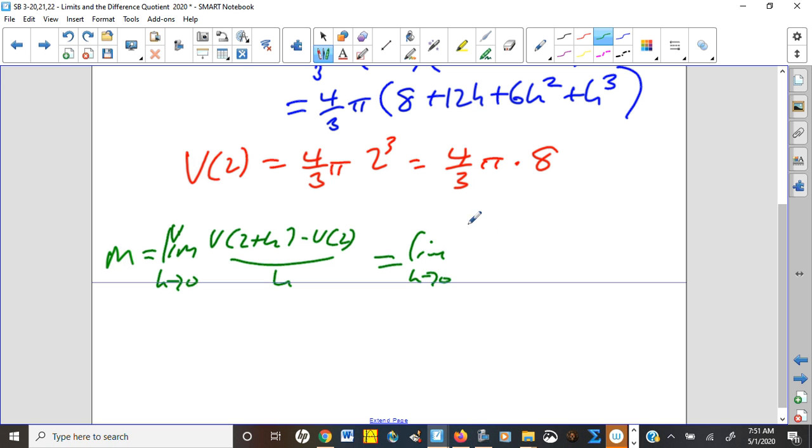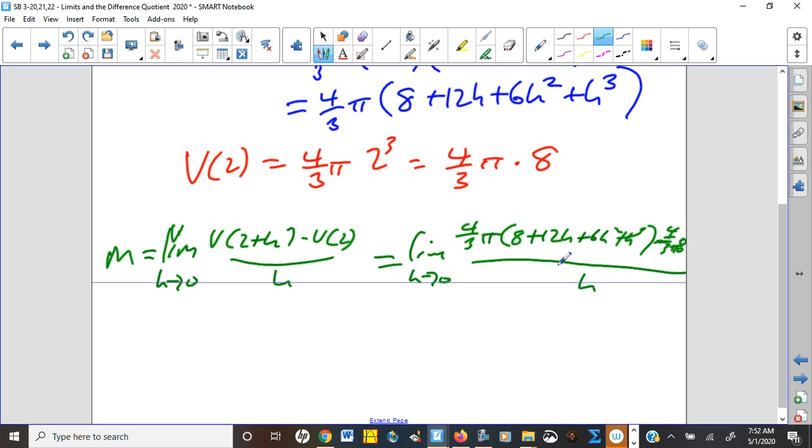So I'm going to plug in the 4/3 pi times (8 plus 12h plus 6h squared plus h cubed) minus the v of 2, which is just going to be 4/3 pi times 8. Sorry, I'm running out of room over here, all over h.